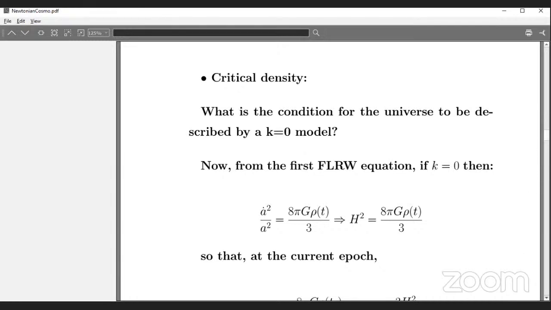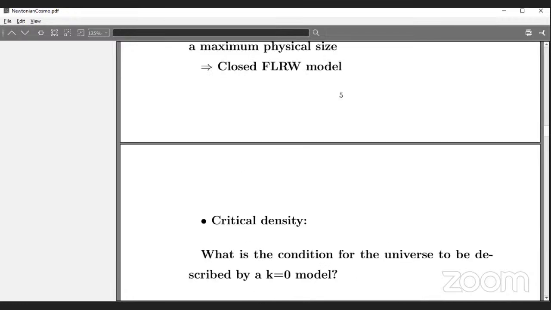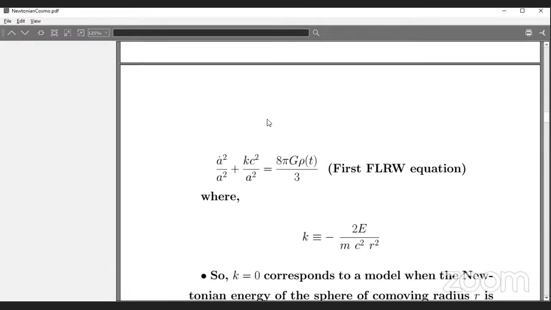So let's go back to our first FLRW equation. It reads A dot squared by A squared plus K c squared by A squared is equal to 8 pi G by 3 into the mass density of the universe. If K is equal to 0, then our equation is simply A dot squared by A squared is equal to 8 pi G times the mass density divided by 3. But note, A dot by A is H of t, which is the Hubble parameter.